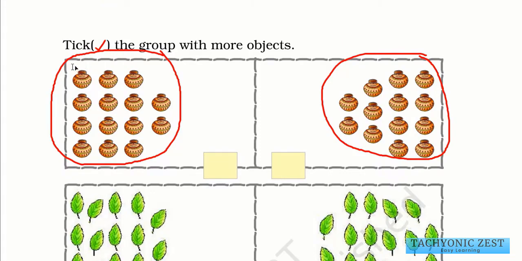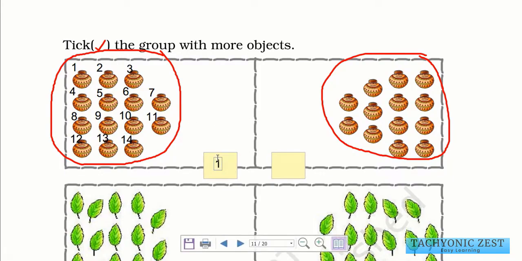Okay, so this one is 1 2 3 4 5 6 7 8 9 10 11 12 13 14. So this group has in total 14 objects, and let us see how many objects this group has.